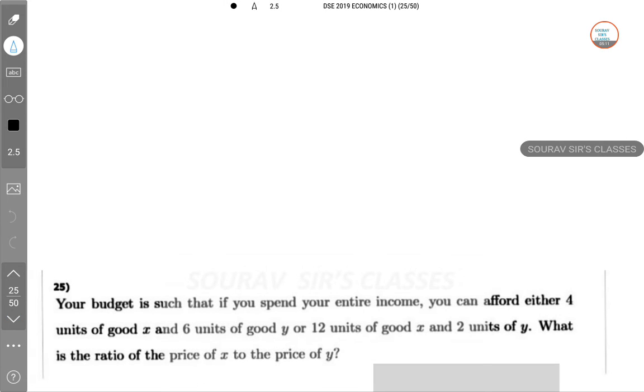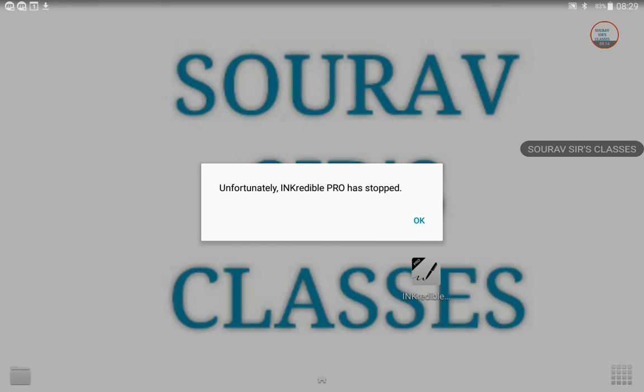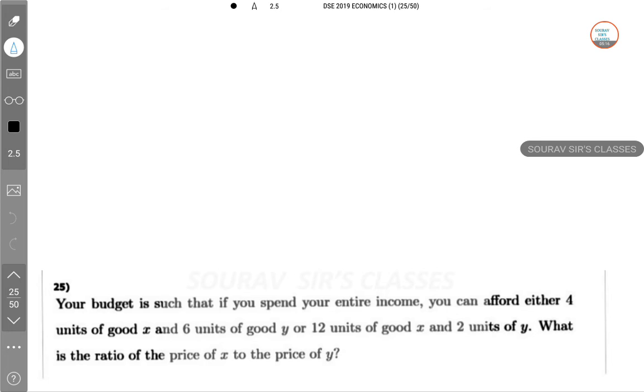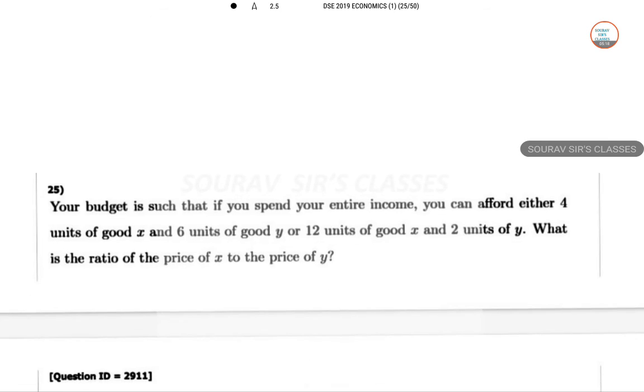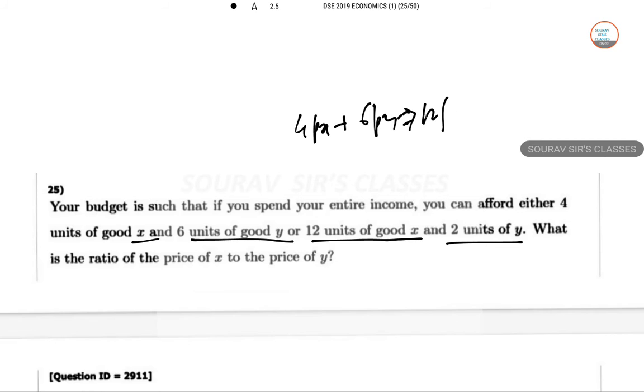Next one. Here they have given a budget. Your budget is such that if you spend your entire income, you can afford either 4 units of X or 6 units of Y, or 12 units of X or 2 units of Y. What is the ratio of the price of X to the price of Y? So we are given that 4 PX plus 6 PY equals 12 PX plus 2 PY, quite an easy one.